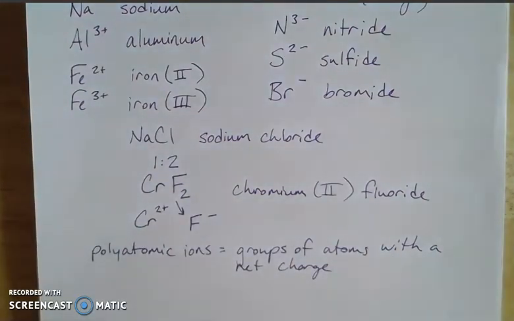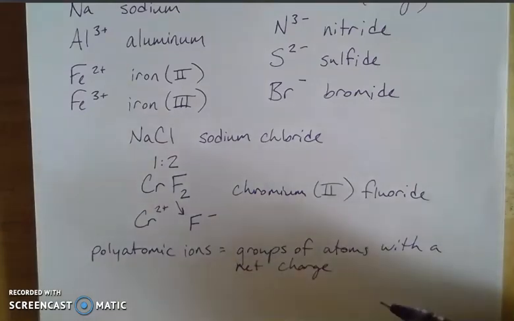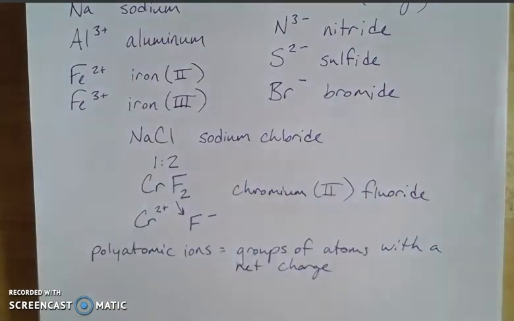Now, polyatomics are kind of wacky because there's a group of elements that is usually covalently bonded together that has a net charge on it, which is just kind of a weird thing, but we'll get into that in a little more detail as we talk about chemical structures in future videos. But for polyatomic ions, the naming of them, because that's what we're focusing on here, is the nomenclature. The naming of them is just that group of elements with that particular charge has a specific name to it.